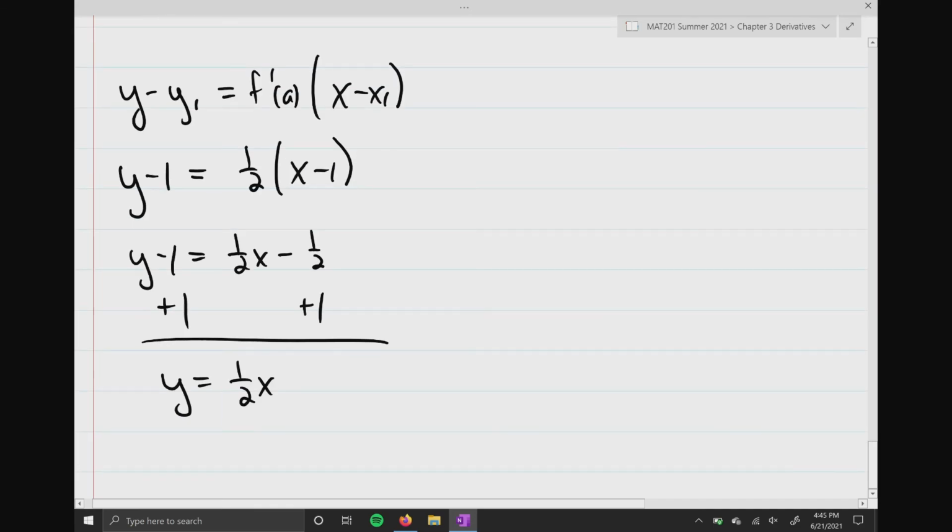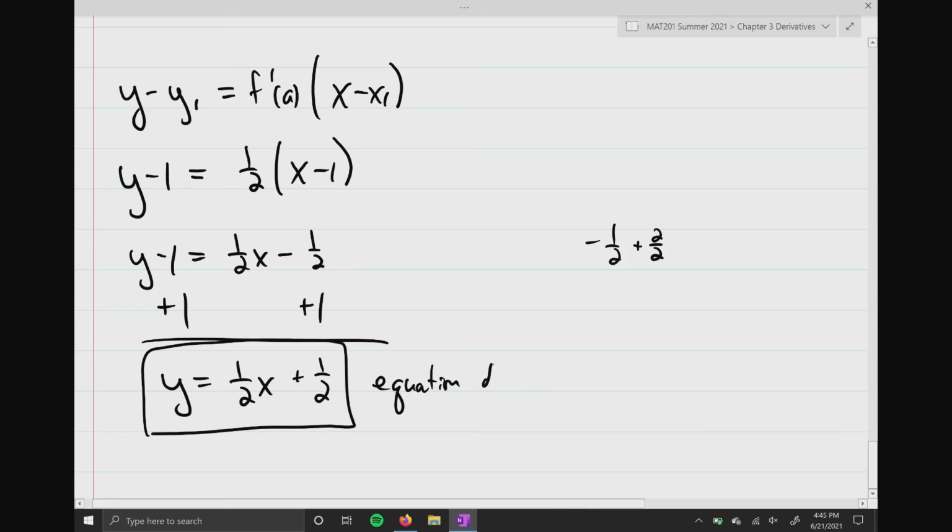Negative 1/2 plus 1 off to the right. Now, like I said, I'm going to be really clever on how I write that 1. It's going to be 2 over 2. So negative 1/2 plus 2 over 2 is plus 1/2. And here's our equation of the tangent line.